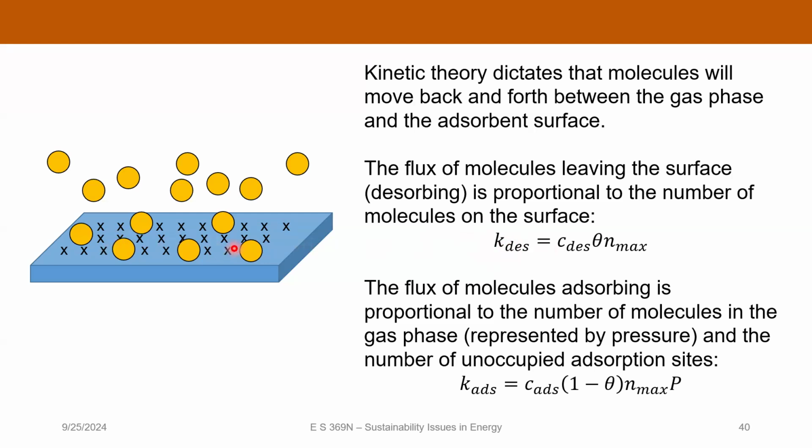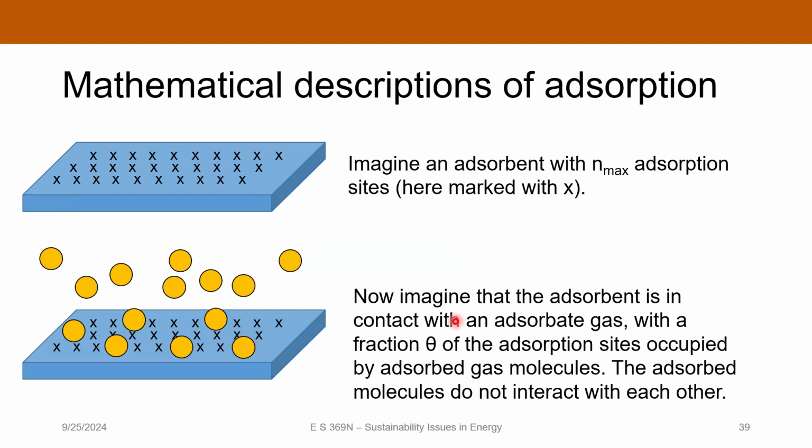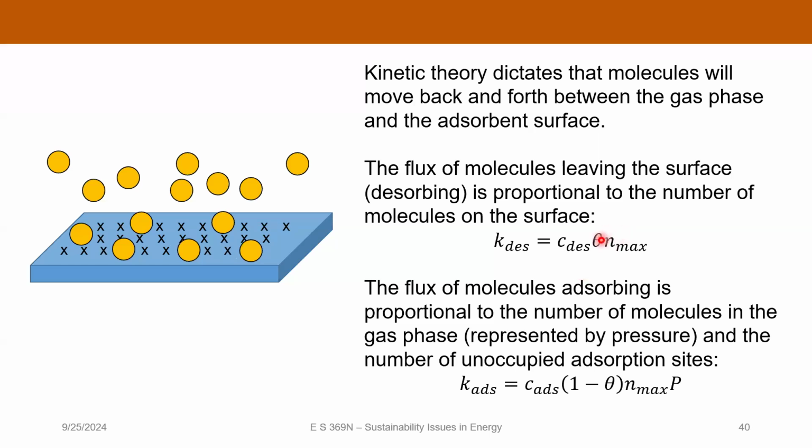So if you have more molecules there, more of them at any given time may be leaving that surface, okay? And so we'll call theta, did I define that already? Yeah, so theta is the fraction of the surface sites that are occupied. N max is going to be the total number of surface sites, okay? So theta times N max is going to be the occupied number of surface sites. And then we'll have some constant of proportionality here that we'll leave undefined. Okay, so that gives us the flux leaving the surface.